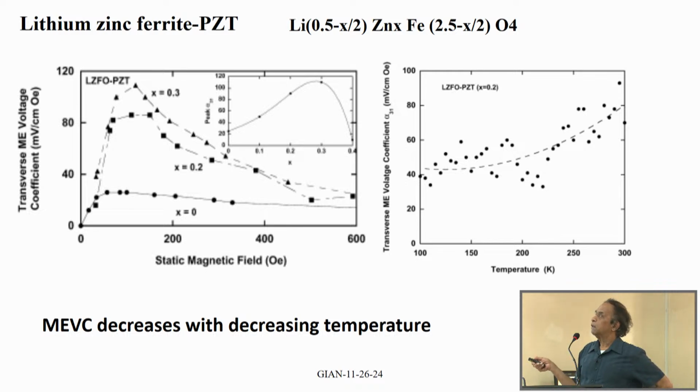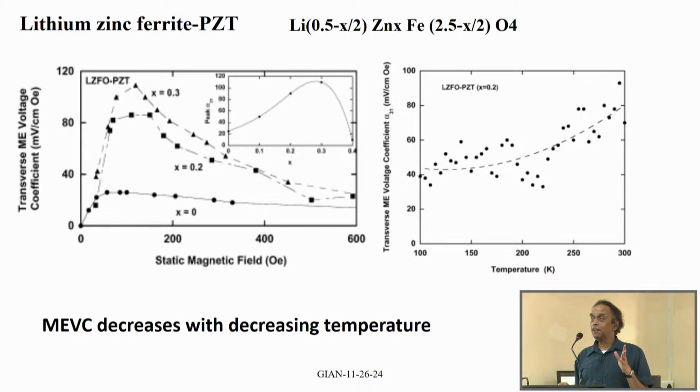dramatic here. The values range from 30 to 120 depending on zinc substitution, and also we looked at the temperature dependence of voltage coefficient. If you go away from room temperature either up or down, the voltage coefficient will decrease for sure.